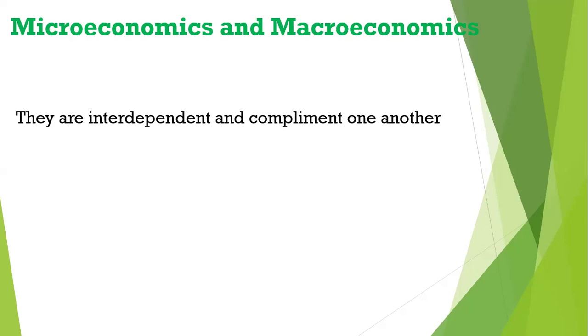And also for macroeconomics, if individuals are not performing very well, we might not get a great whole economy. The GDP is affected by individual performance, individual companies, and consumers. So they are all interdependent and they complement each other.